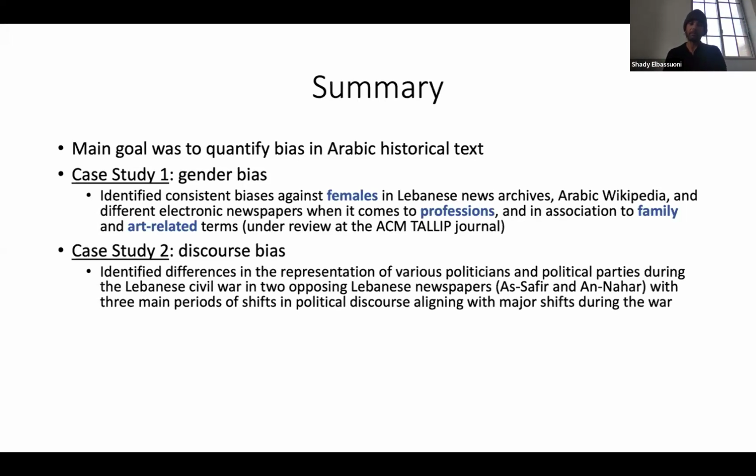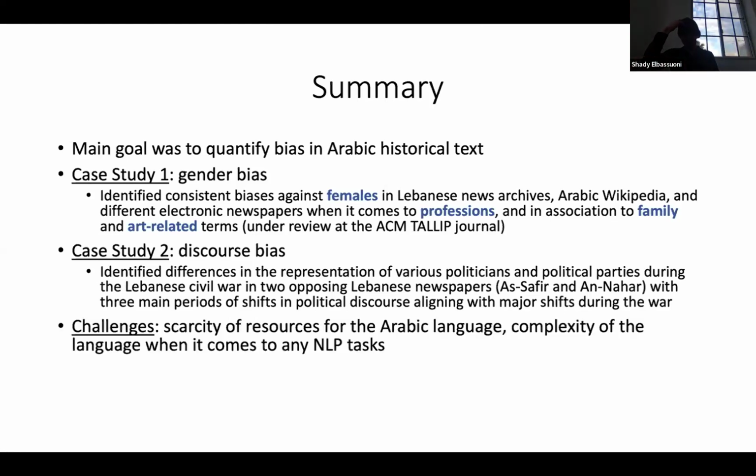We did find significant differences in the representation. What was interesting is we also tracked this across time within the period of the Lebanese civil war, and we identified three main periods of shifts in how these political entities were portrayed in those two newspapers that aligned with major shifts during the civil war.